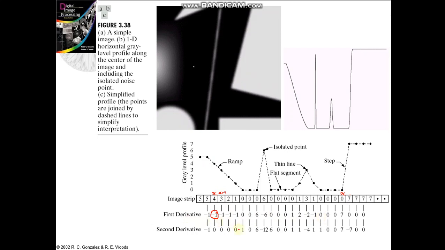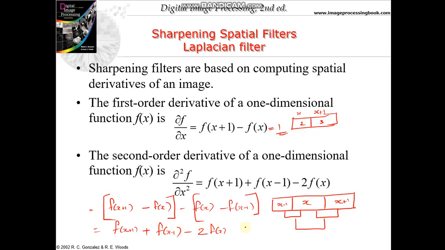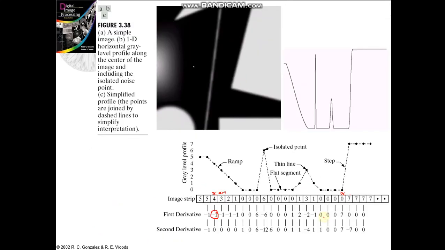Now coming to how to take the second order derivative. To take the second order derivative of the point x, we need to consider these 2 points as well as x. So simply, take the difference between these two.